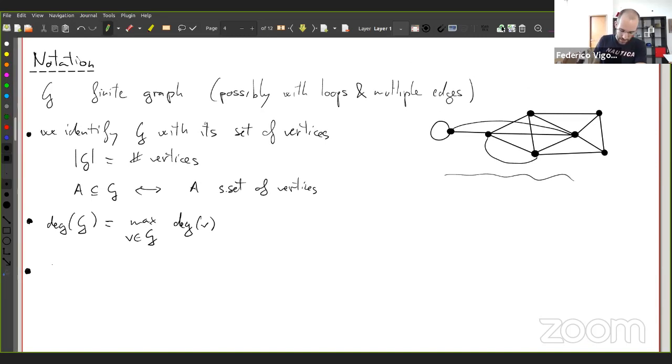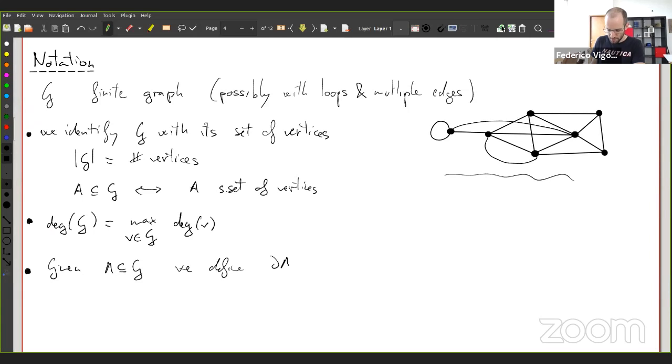Okay, and now given a subset of vertices, we define its boundary. We are about 7 minutes in, and the geometric group theory without boundaries has already failed. So here we have the first boundary.